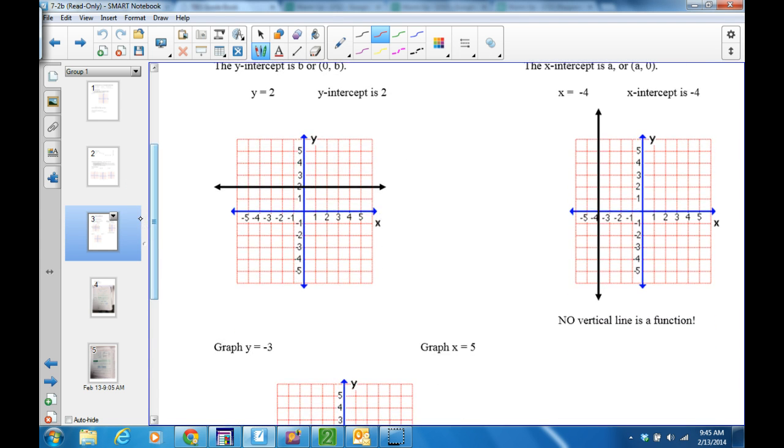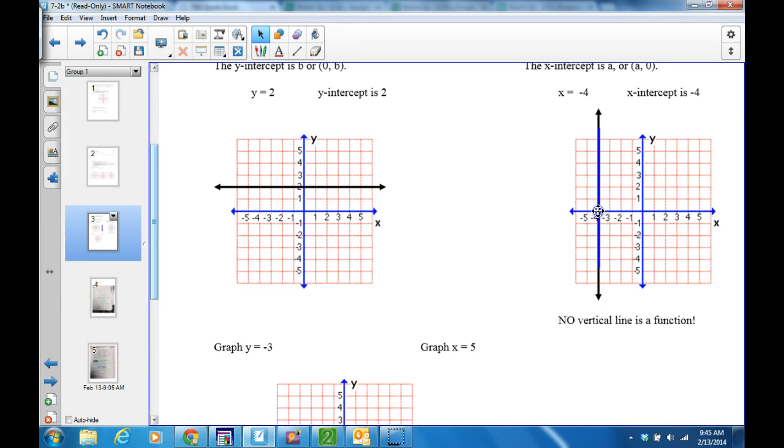The vertical line test, remember that if we use a vertical line and I move it across my function and it only crosses in one point as I move it, that means it is a function. Now on this one, notice that if I use this and it actually covers about 1 billion dots.